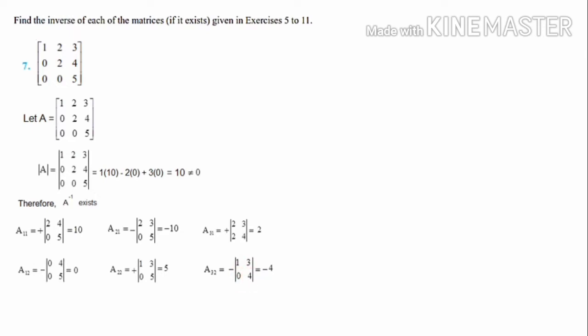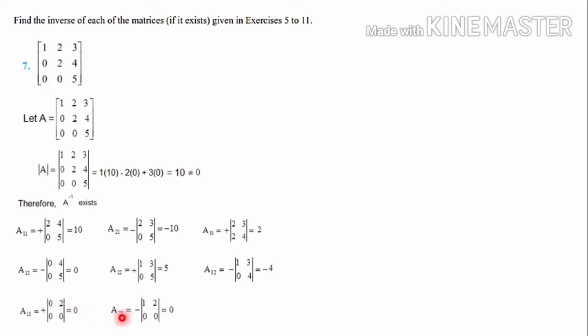So 4 minus 0 is 4. Outside there is a minus sign, that's why it is minus 4. Next is A13, that is the cofactor of the element in row 1, column 3. That is 3 is the element here. That row and column is gone. The remaining elements are 0, 2, 0, 0. So when you multiply and calculate, you will get 0.